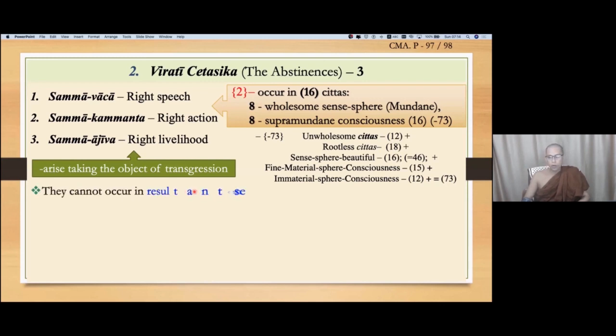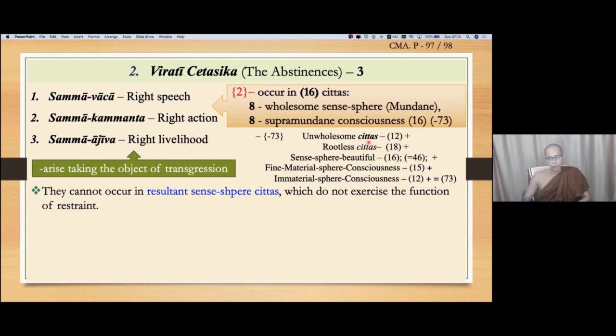Now, what types of consciousness can arise with abstinence mental factors, and what types of consciousness cannot arise with the abstinence mental factors? So here, the 3 abstinence mental factors cannot occur in resultant sense-sphere citta.